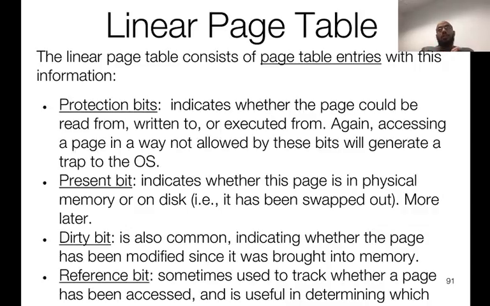The dirty bit indicates whether the page has been modified since it was brought into memory. In many cases, when you're reading from memory, you want to make sure that it's consistent, for example that the cache is consistent.